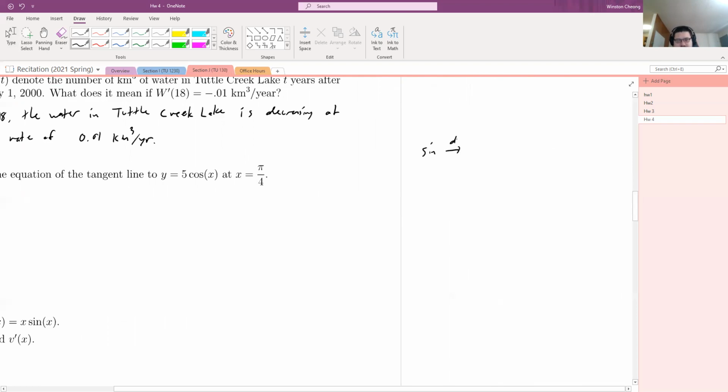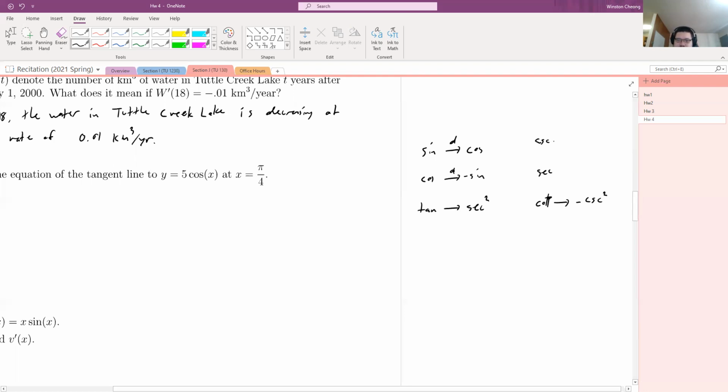The derivative of sine, as you should remember, is cosine. The derivative of cosine is negative sine. The derivative of tangent is secant squared. You can remember these, but I don't think you're asked to. The derivative of cotangent is negative cosecant squared.